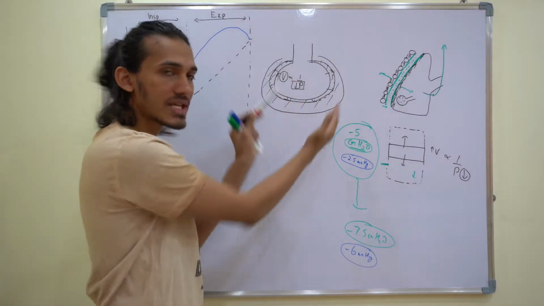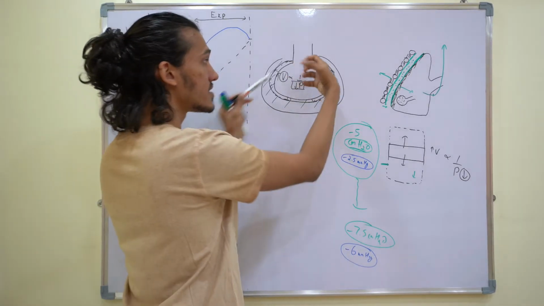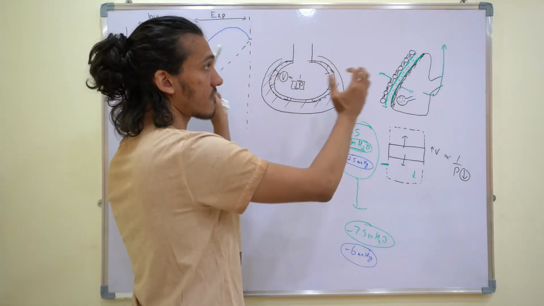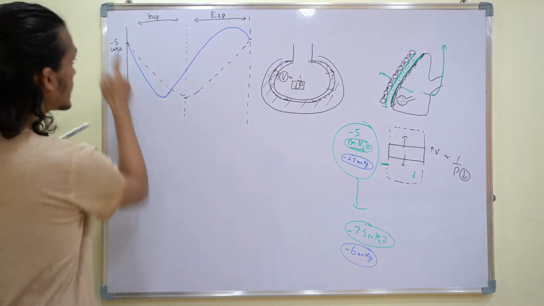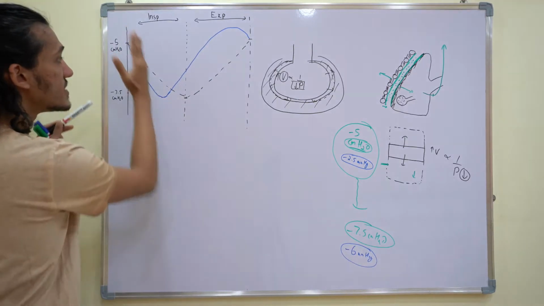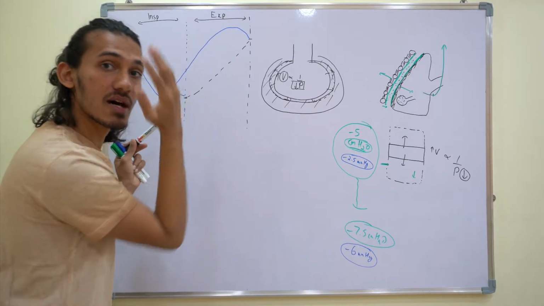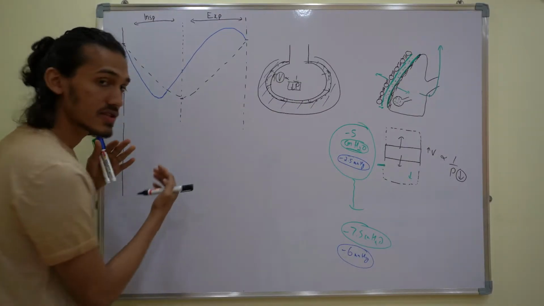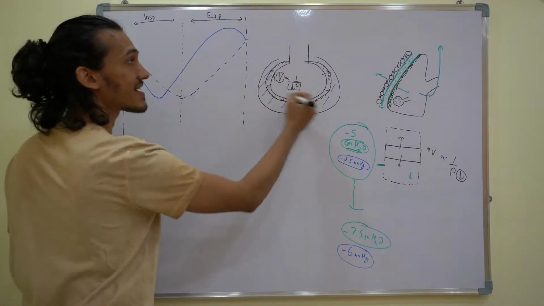So during inspiration, this is what happened. Because it became more negative, the suctioning effect will increase the volume, resulting in a drop in pressure. So over here, inspiration is happening, and during this point, there is more suctioning and there is a drop in the intraalveolar pressure.